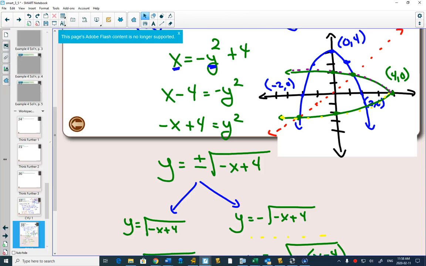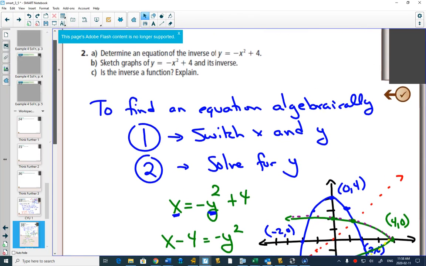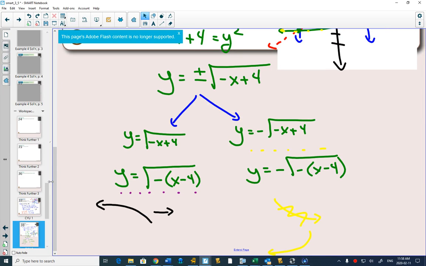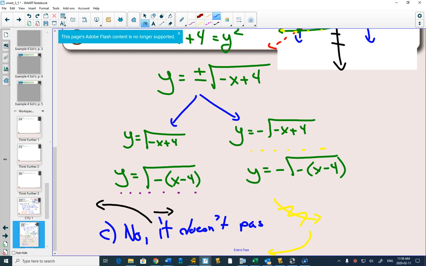In part C it says, is the inverse a function? In this case, no. It doesn't pass the vertical line test.